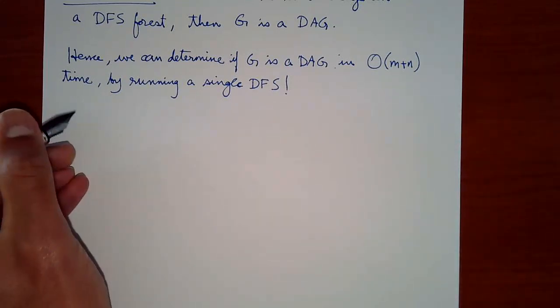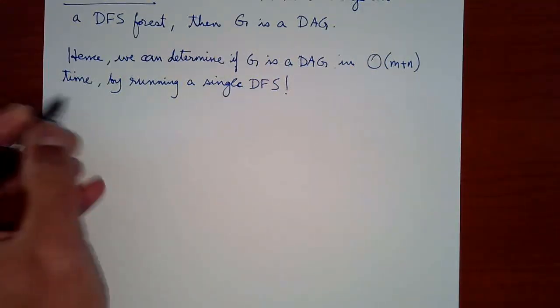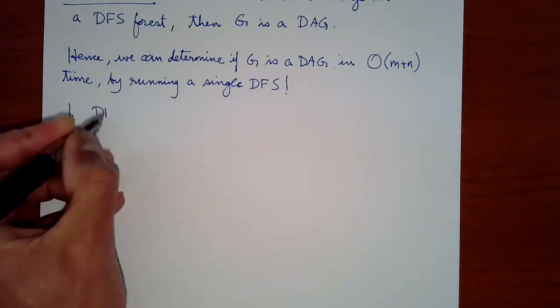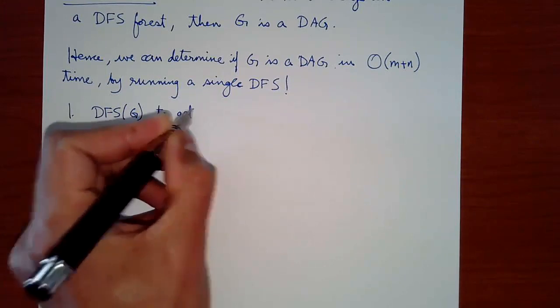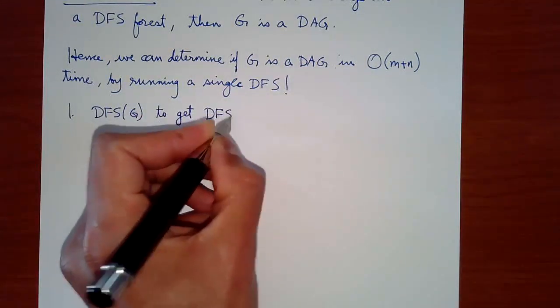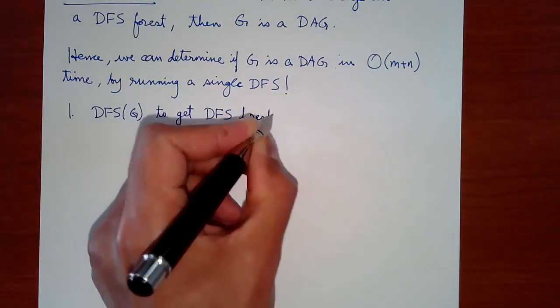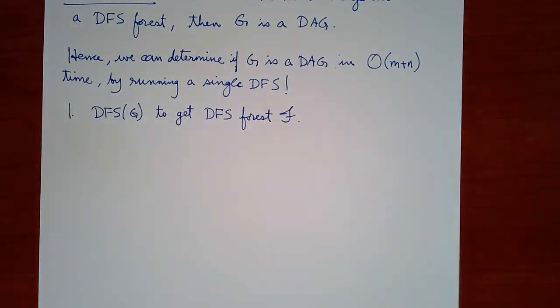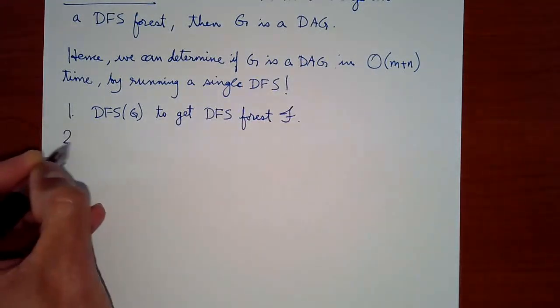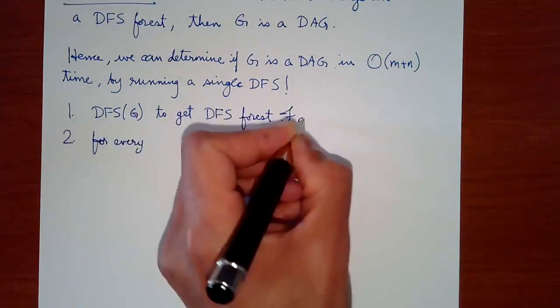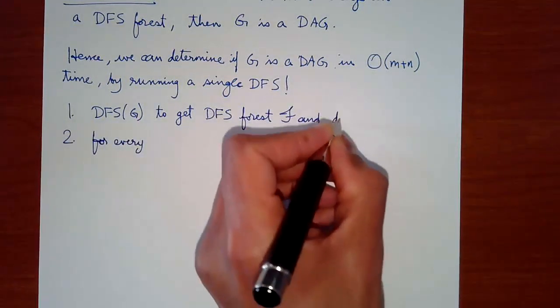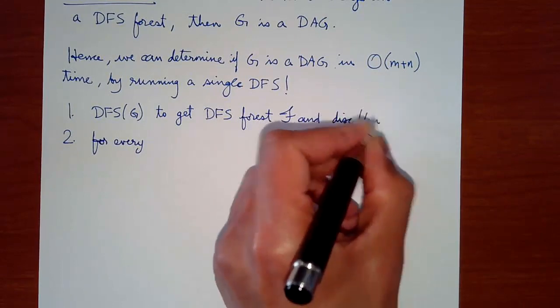Okay. So what is the procedure? First you run DFS on G to get the DFS forest, which I will denote as script F, and the discovery and finish times.